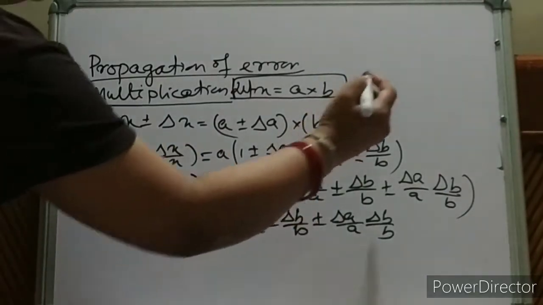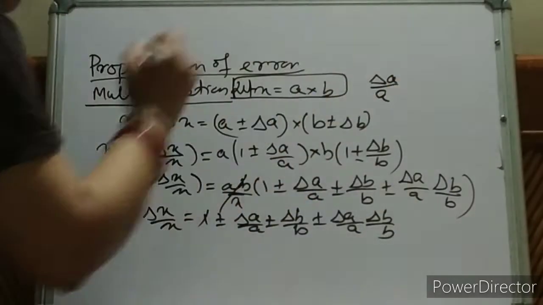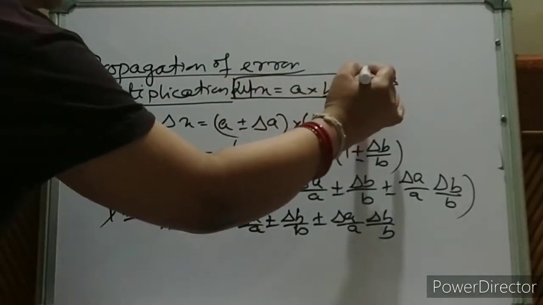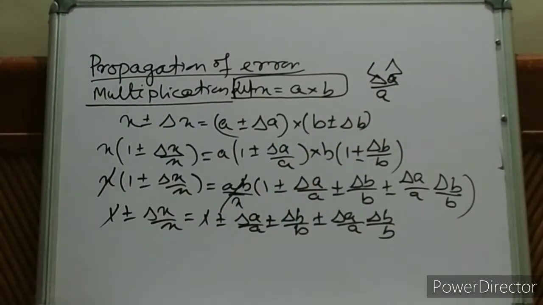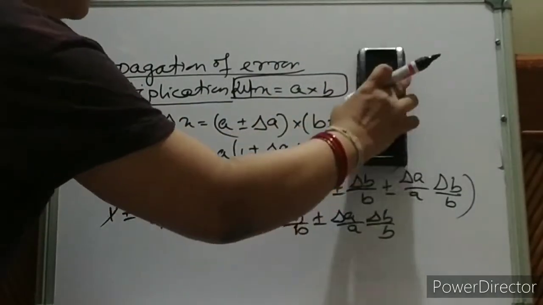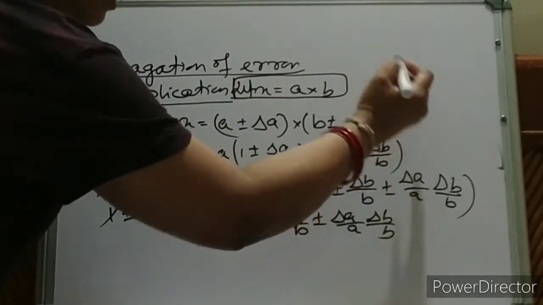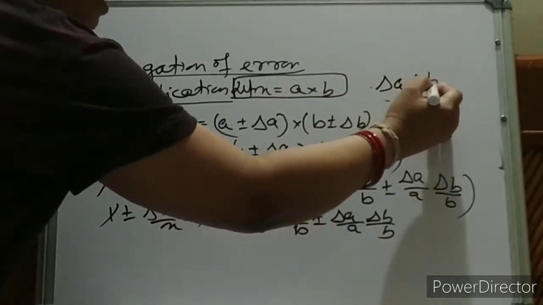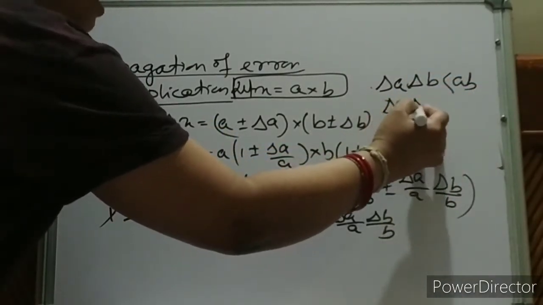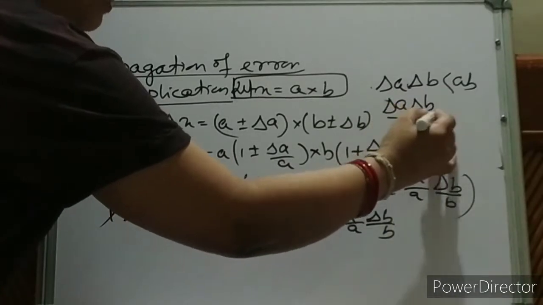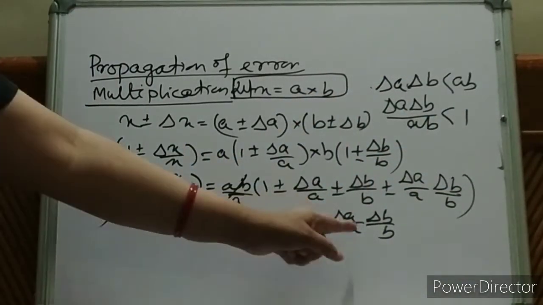Simple. Delta a by a is very small. Delta a and delta b are less than a and b, so we can write delta a delta b by ab is less than 1, so we can neglect this.